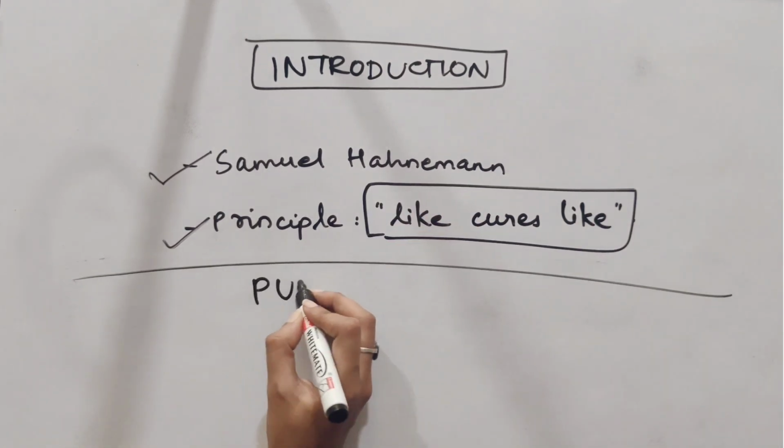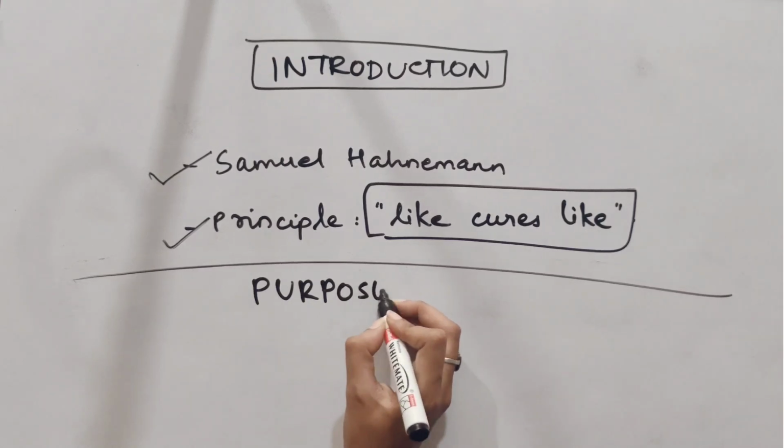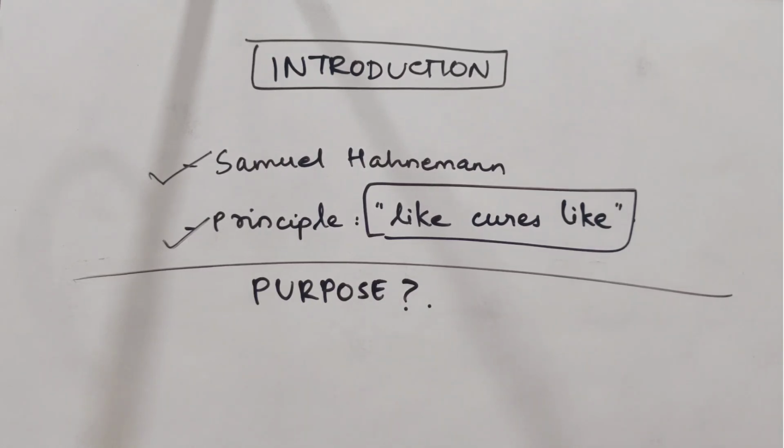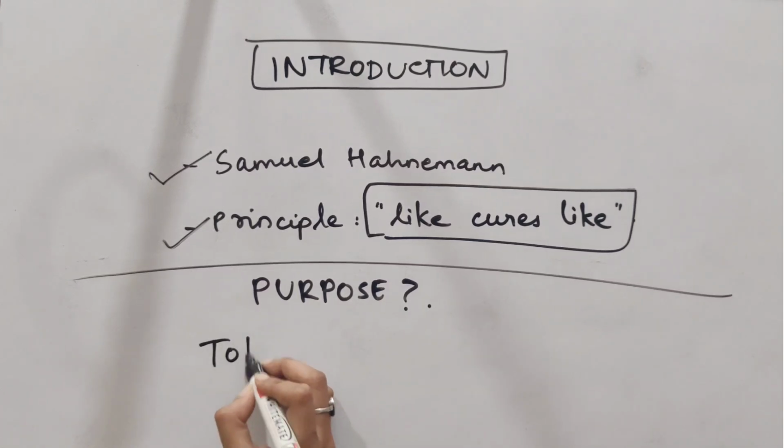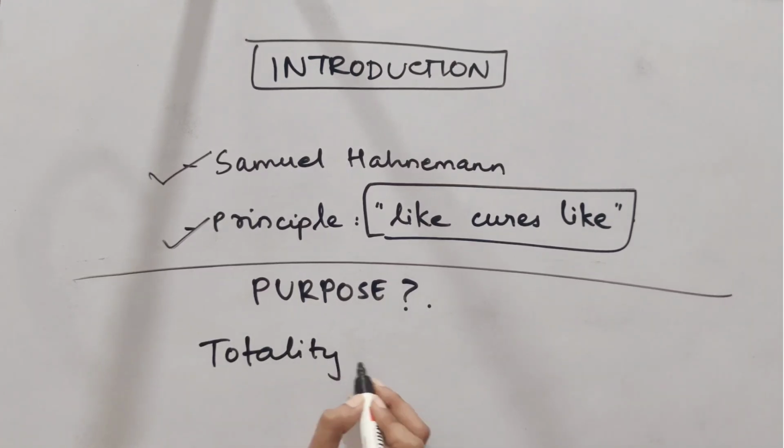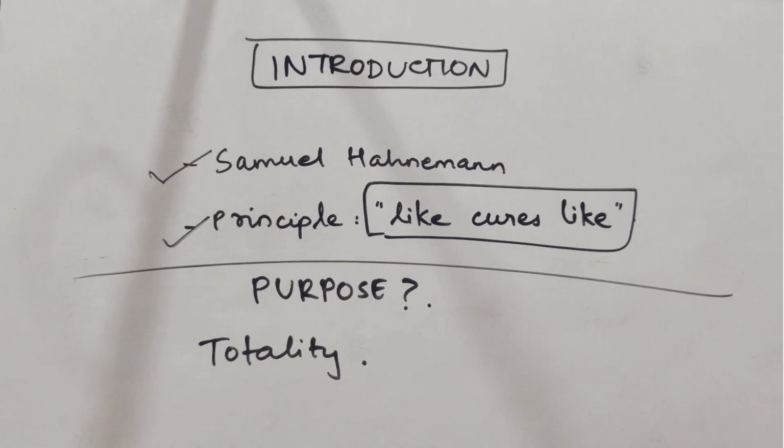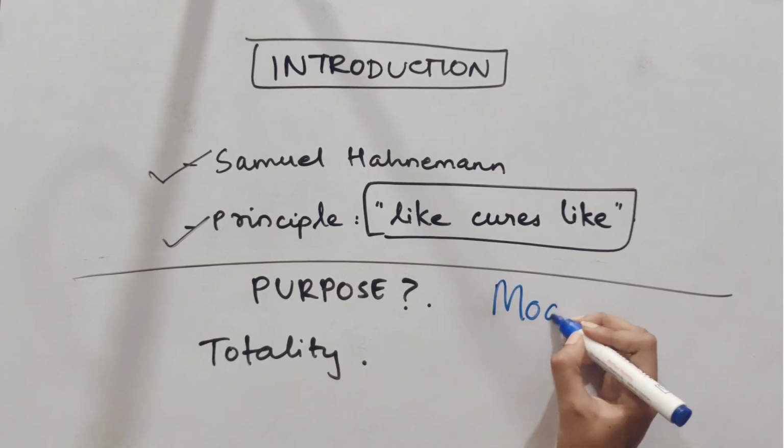Now, what is the purpose of case taking? The primary goal of case taking in homeopathy is to uncover the totality of symptoms which is experienced by the patient. This involves the chief complaint, concomitant symptoms, modalities and the patient's general state of health. I hope everyone knows what modalities are.